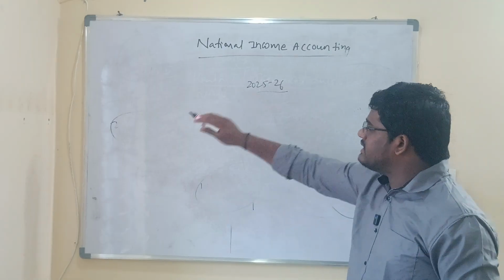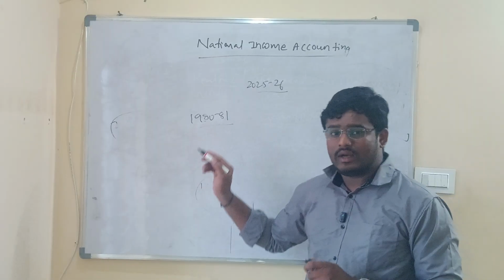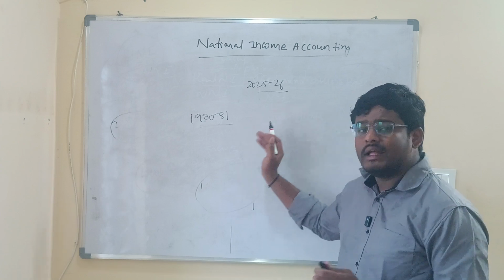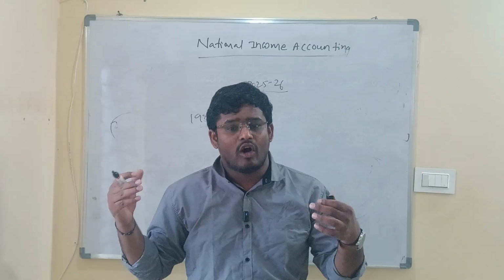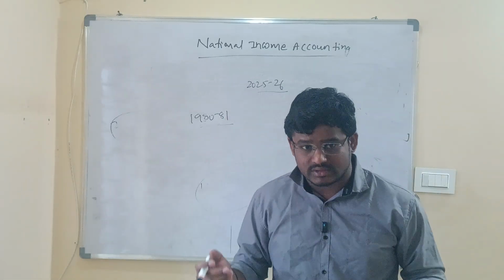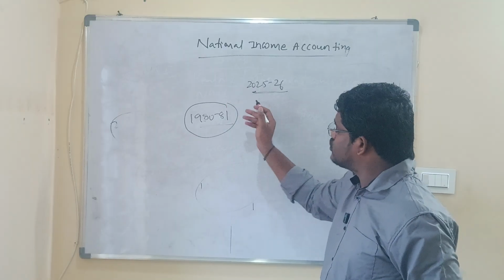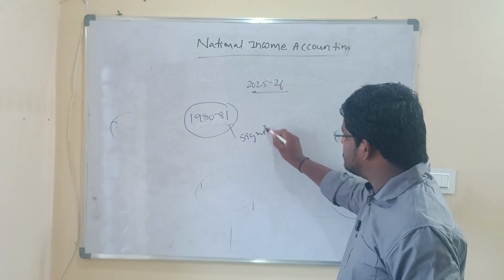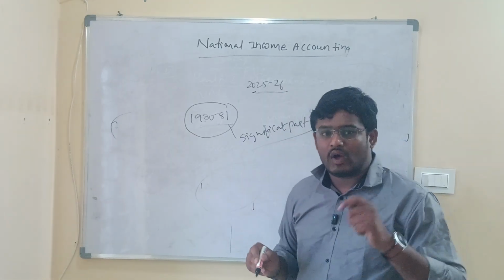Now if we select the base year as 1980-81, imagine after 1980-81, there might be a number of products that came into the economy that are being manufactured by the firms. Since we have selected a base year which is so old from the current year, then we might miss a significant part of the production which is happening in the economy.